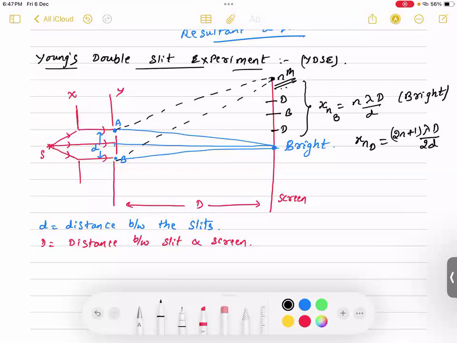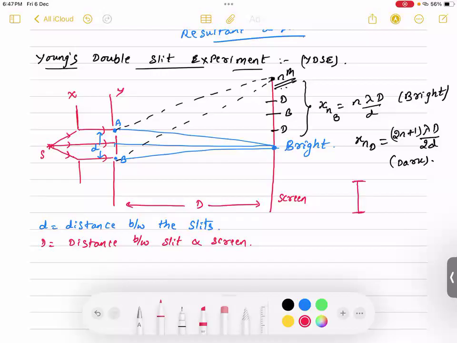So what is the distance of the nth bright band? n lambda D by d. What is the distance of the nth dark band? (2n+1) lambda D by 2d. This is for dark. And also please remember the distance between any two consecutive bright bands.